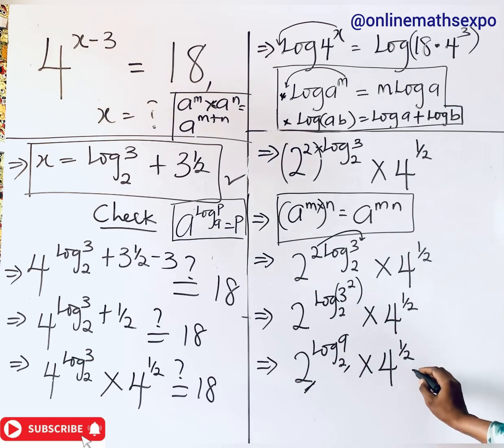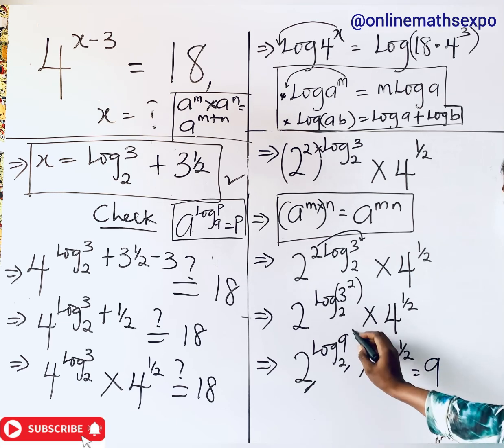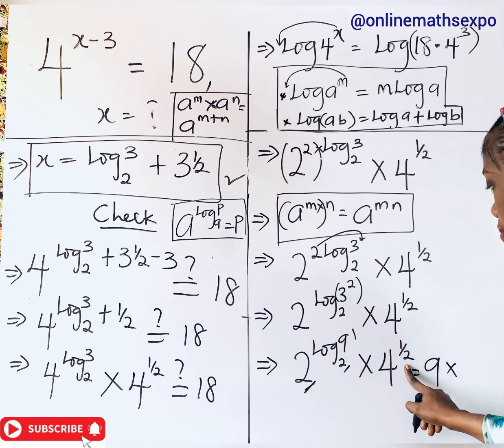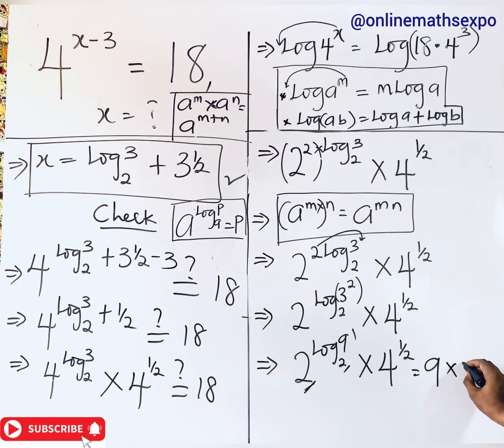So this is giving us 9, multiplied by 4 raised to the power half. 4 means we are going to have 2 squared, then raised to the power of half. If you apply this rule here, you will see that the powers multiply.